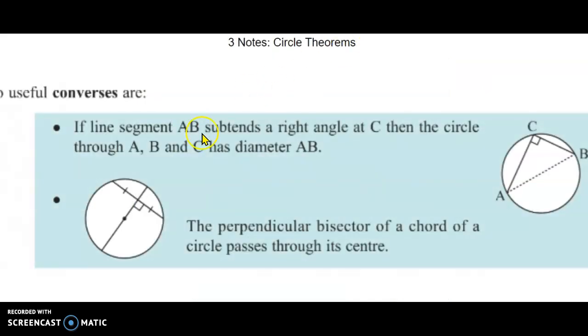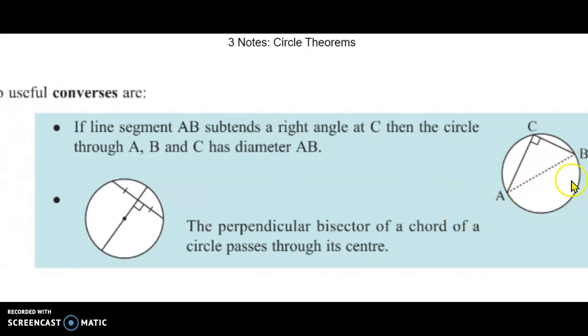So this is what I'm saying here. If line segment AB subtends a right angle, so AB creates a right angle at C, then the circle through A, B and C has diameter AB. So we're just swapping it, right?